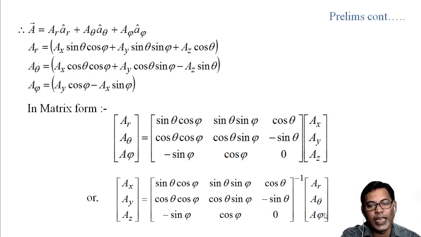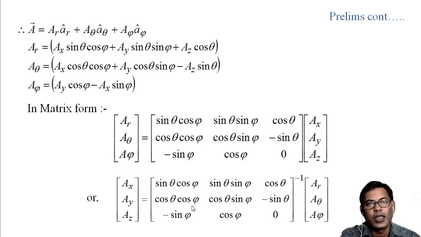If AR, A theta and A phi are known, using this expression, the matrix is inverted and multiplied with AR, A theta, A phi, to get AX, AY, AZ. From this we get the relationship of the components of the vectors in the spherical and Cartesian coordinate systems.